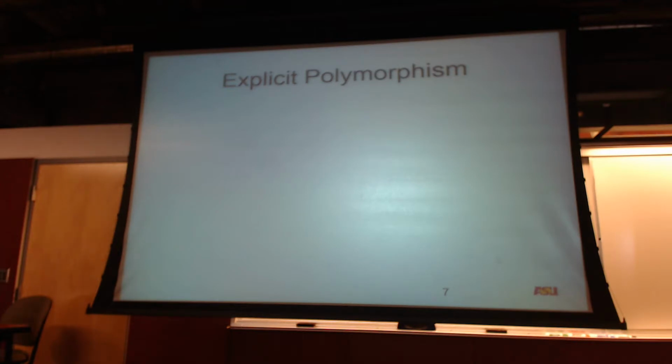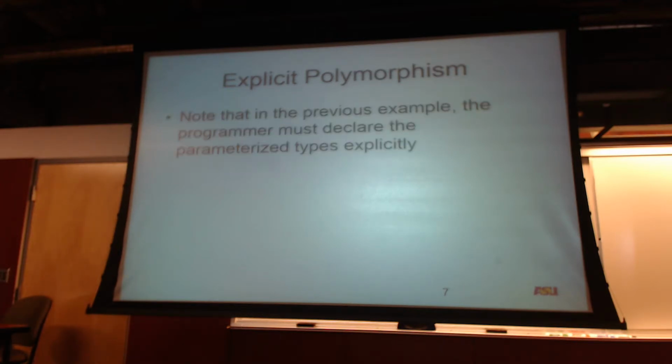This concept is explicit polymorphism. What happened in the previous example? The programmer declared the parameterized types explicitly. It said there is this first type T and there is the second type T, so only these parameters' types are variable.